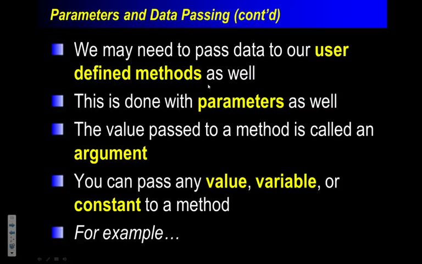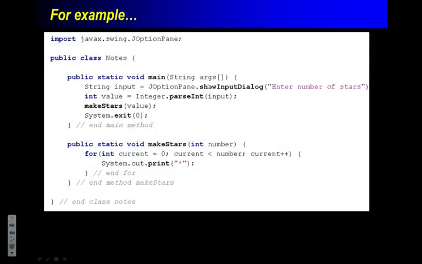Okay, so now we're going to use these things called parameters. A method can be passed a value, and that's called an argument. So there's a slight difference here in terminology. Which is a parameter and which is an argument? Let me explain the difference.